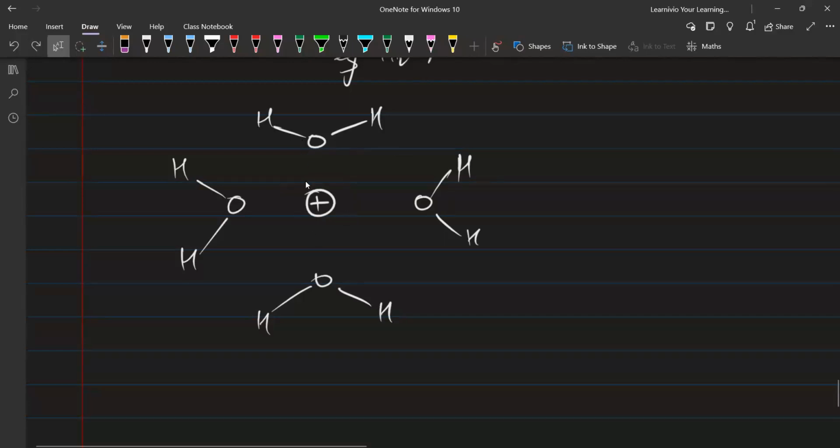And we are using a polar protic solvent. Now, if you are using polar protic solvent, for example, water, it has delta negative charge on the oxygen atom.